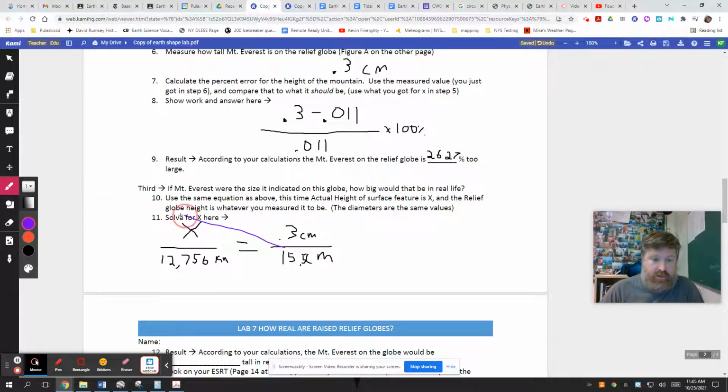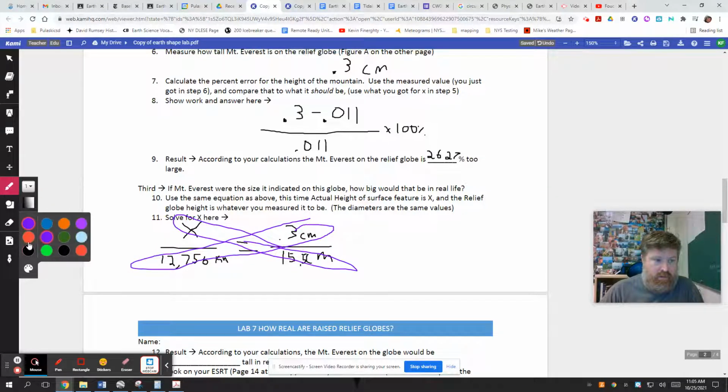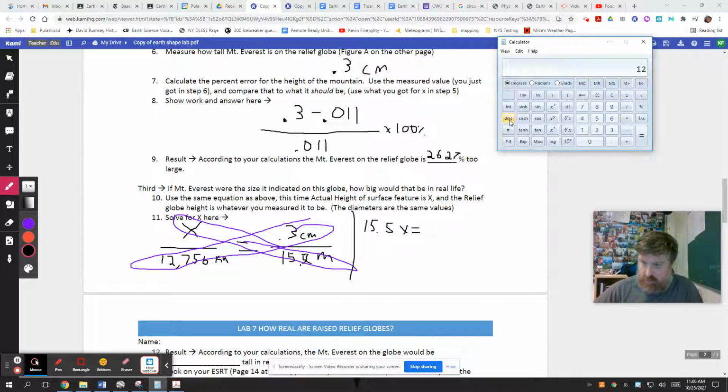Cross multiply again, just like we did before. So 15.5x equals 12,756 times 0.3.